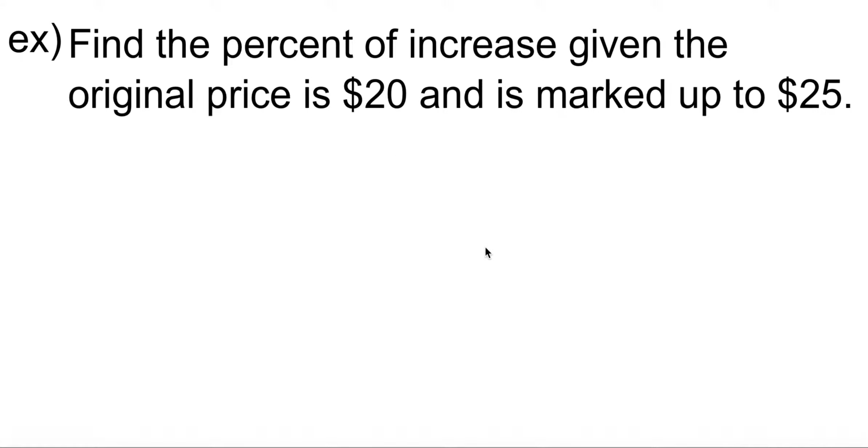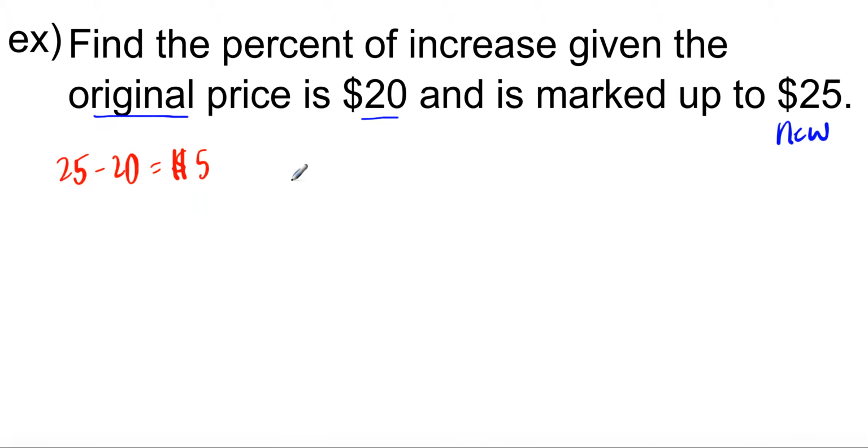Let's take a look at our first example. We want to find the percent of increase given the original price is $20, so there's our original, and it's marked up to 25, and so that's our new price. So the difference between those, that just means subtract. So there is a $5 difference between the two.